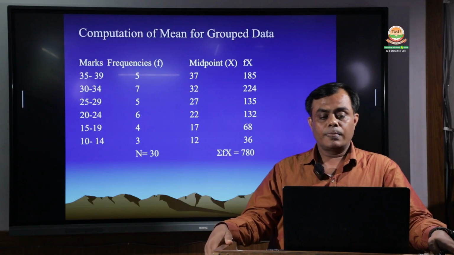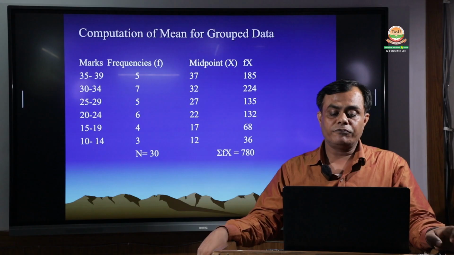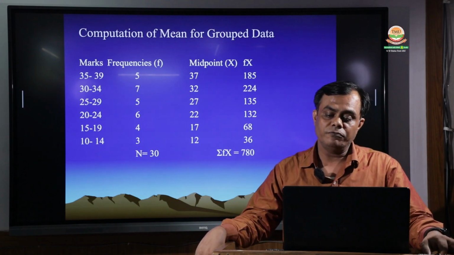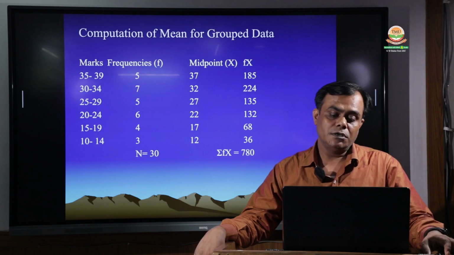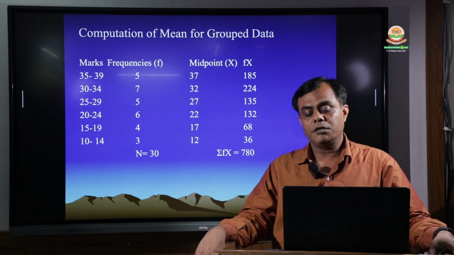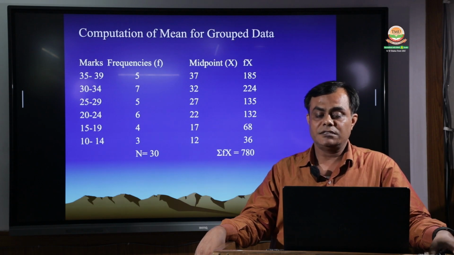So the computation of the mean of the group data follows these steps. First step: the data is arranged in a tabular form with the marks grouped in categories, with a class interval of 5.